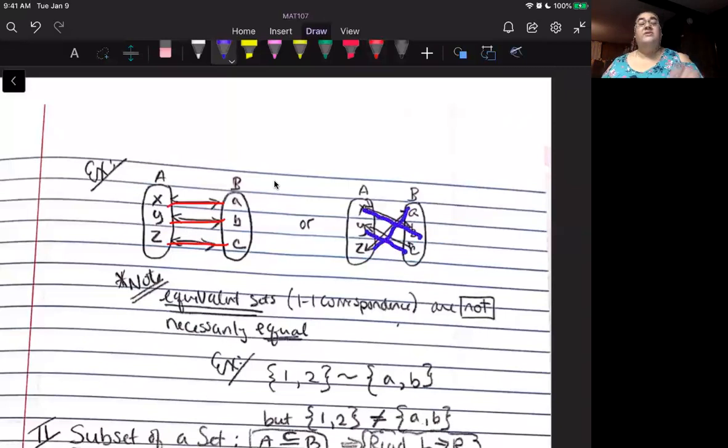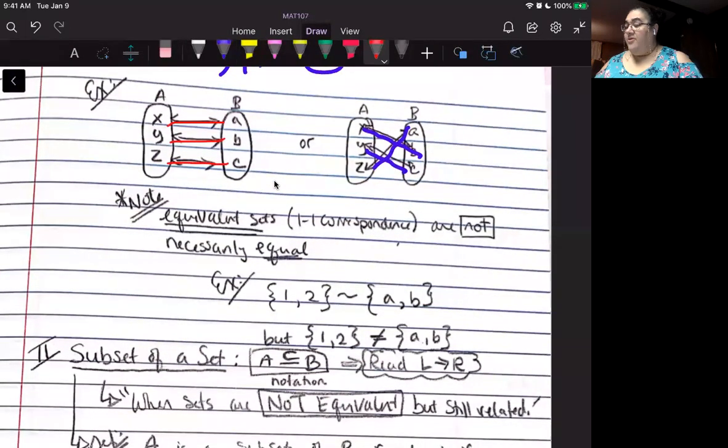But regardless of how we choose to match them, the fact of the matter is, because each element of the first set, set A, can be paired with an element of the second set, set B, those two sets are equivalent, and we would write A is equivalent, or has one-to-one correspondence, to B, okay? Now, a little note.